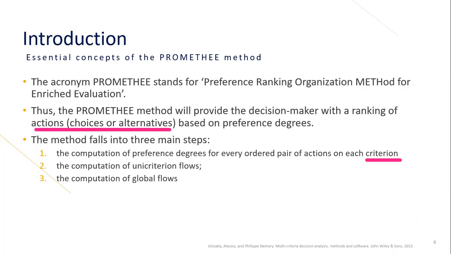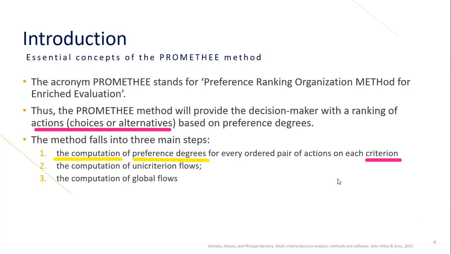In this Promethee method, you have three main steps. First, we need to compute something called preference degree.